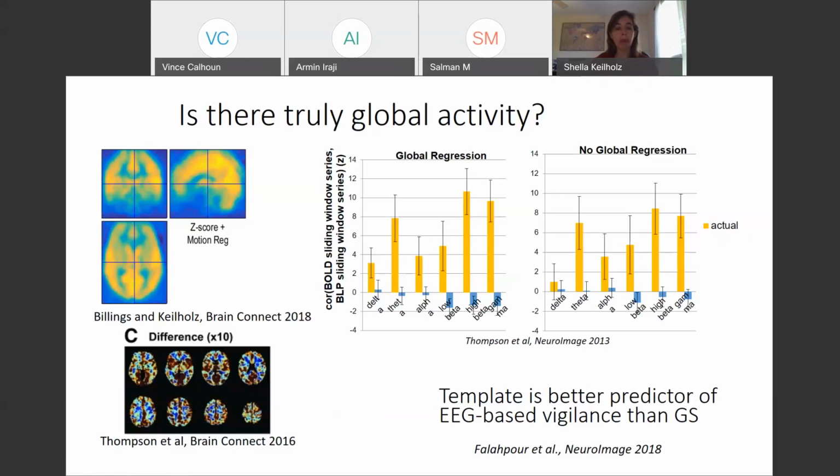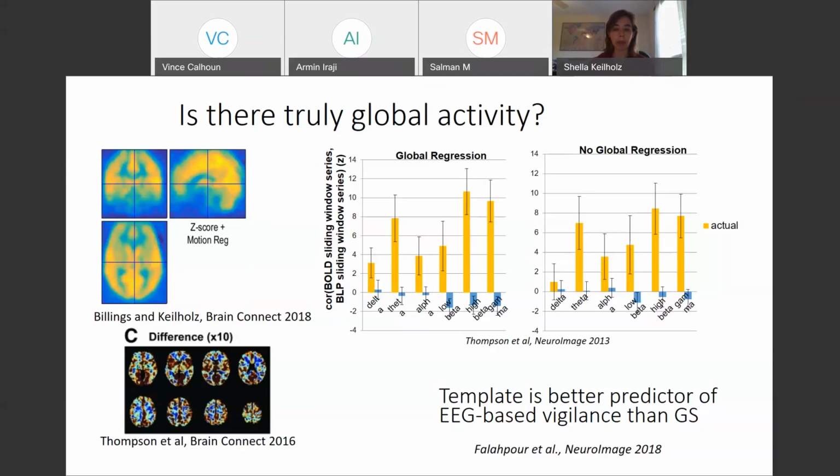Okay, so for a long time, I was convinced that there was a global neural signal, or else maybe that it was just global noise. So one of the things that we looked at was, if you have simultaneous measurements of local field potentials and fMRI, you can look at how the dynamics of one tracks the dynamics of the other.